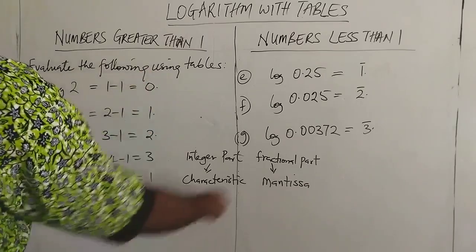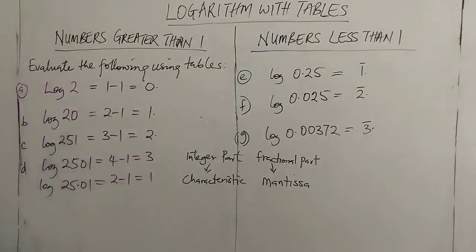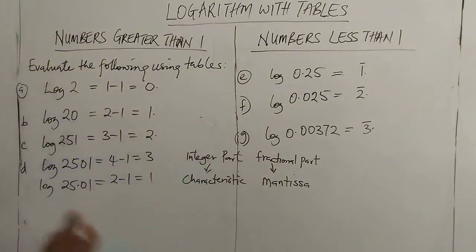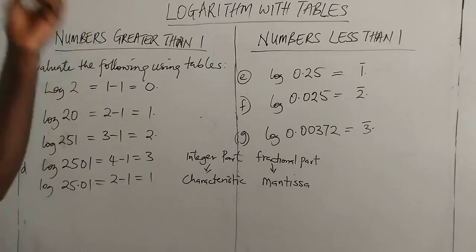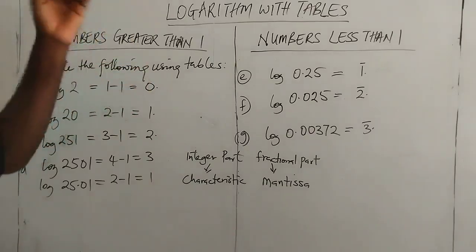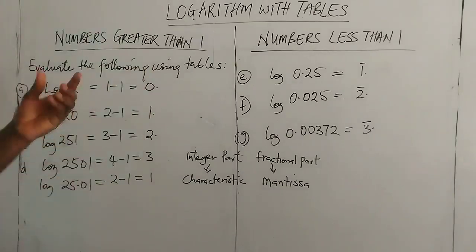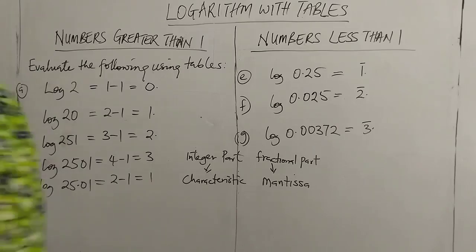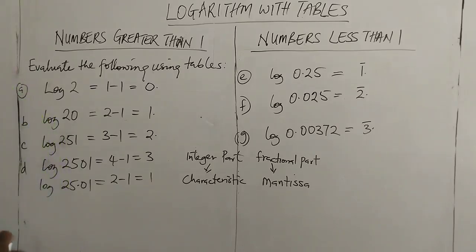So we have seen how to find the characteristic. Now let's talk about the mantissa. For the mantissa, it's the same for all. What do I mean by that? Only take the significant figures and look it up in the 4-figure table or the mathematical table.